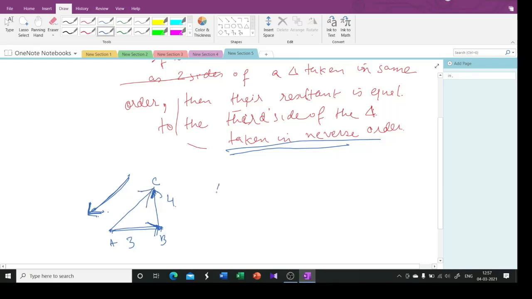Basically it says that the AC vector is equal to the AB vector plus the BC vector, and you got a sense why that happened, right? Because first you went from here to here, you followed this 3 I cap. I mean, you went 3 units along the x-axis, and then you went 4 units along the y-axis. So that eventually brought you here. Your net displacement happened from A to C, which can be represented by this.